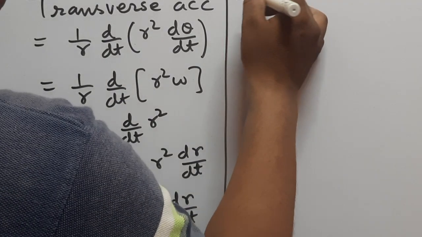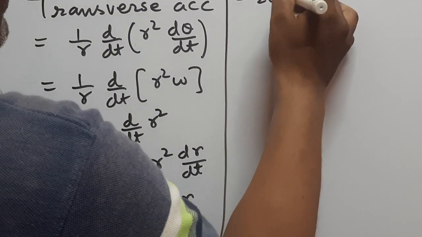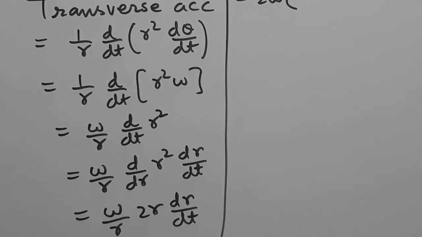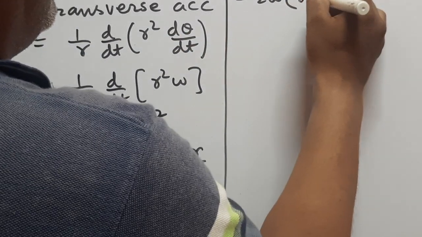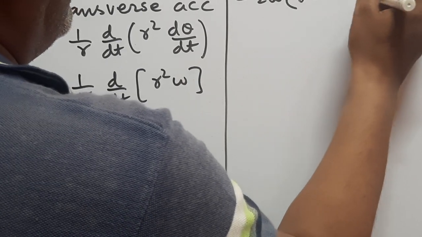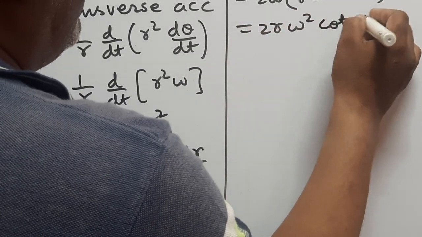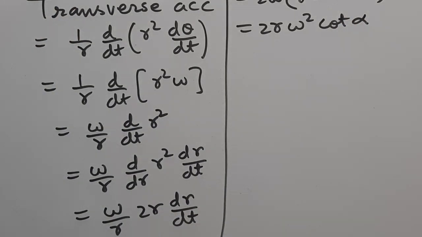So we write here 2 omega and put value of dr by dt. So value of dr by dt is r omega cot alpha. So this can be written as 2r omega square cot alpha.